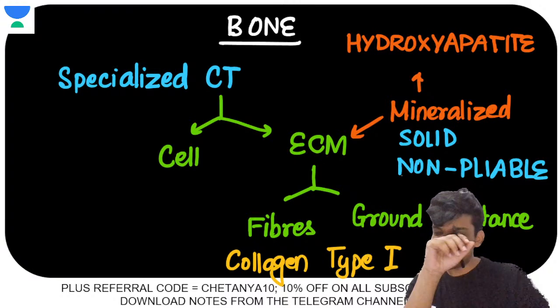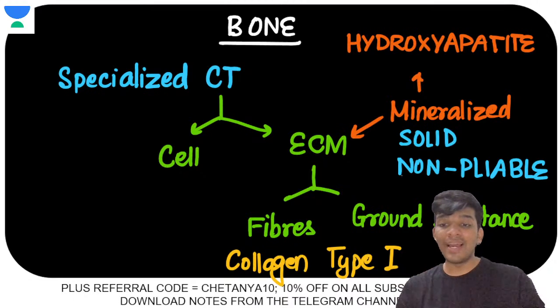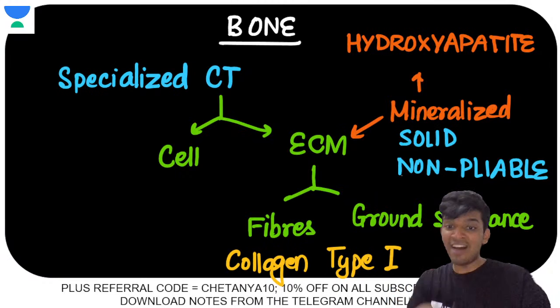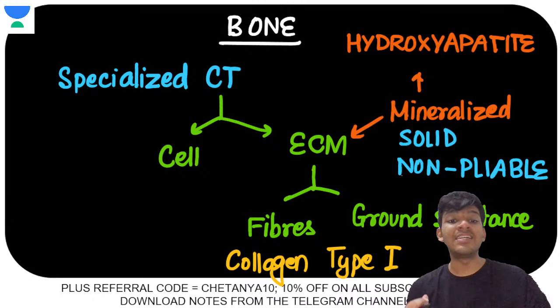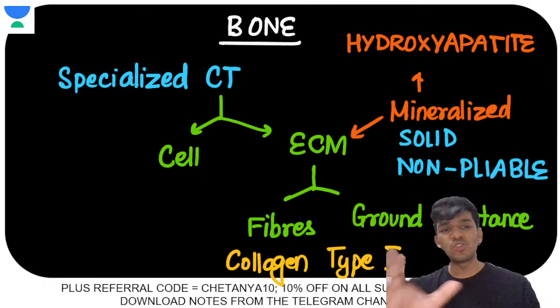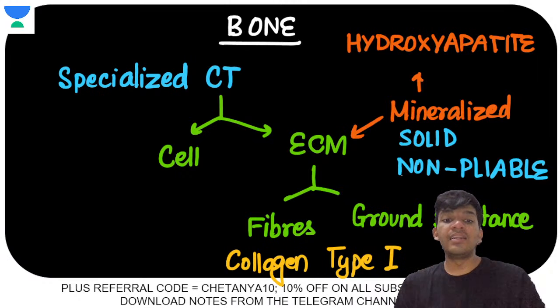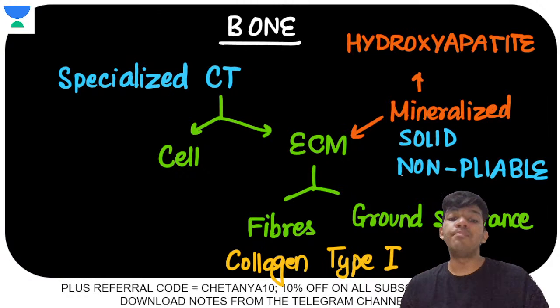You can have some other substances. Now, ground substance is non-collagenous. In it you will have proteoglycans, glycosaminoglycans like keratan sulfate, then some glycoproteins, then some special proteins like osteocalcin, osteonectin, osteopontin, such osteo proteins. Then there are certain proteins like BMPs, bone morphogenetic proteins, which are also present.